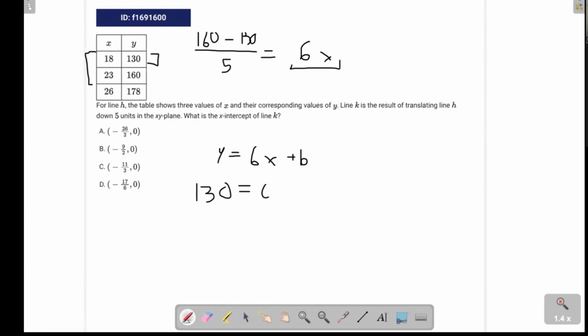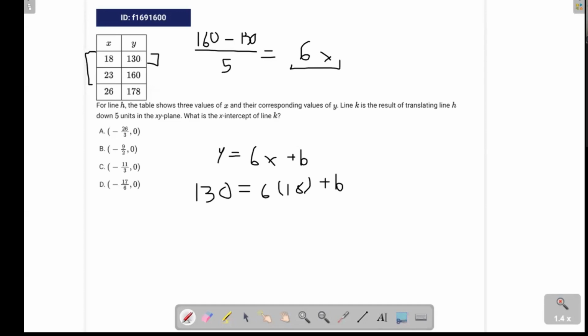So 6 times 18 and then plus b. And then we're just going to move this 6 times 18 to the other side and subtract it from 130, which we can do using a calculator. So it's going to be 130 minus that 6 times 18. And from this, you're going to get your y-intercept as 22. So b is going to equal 22.